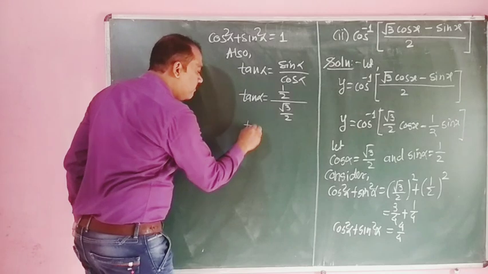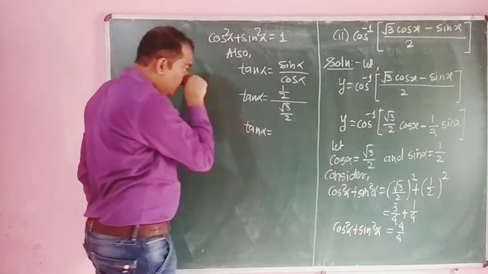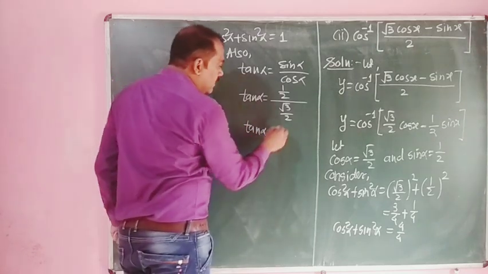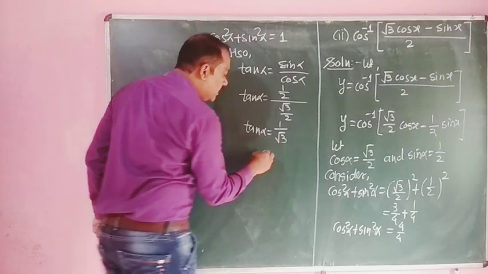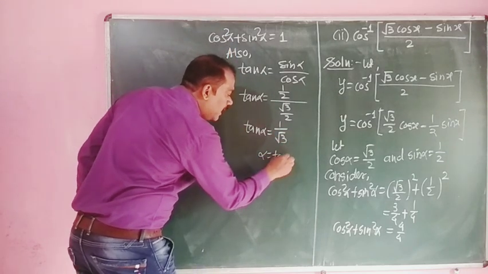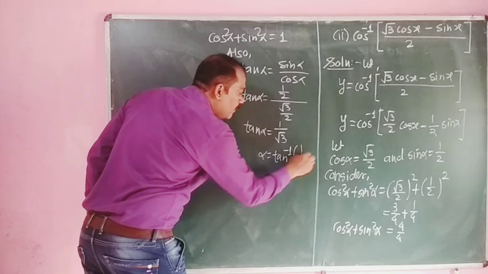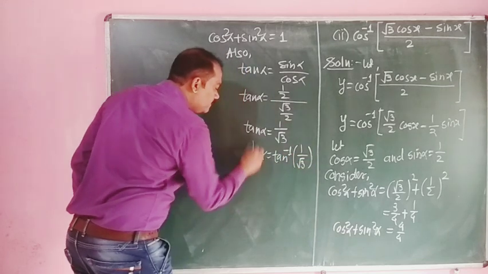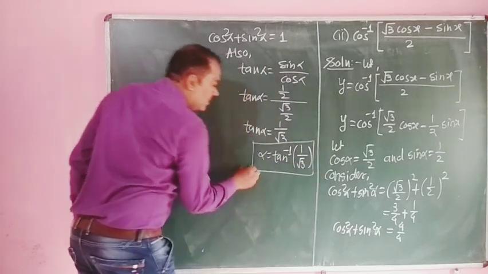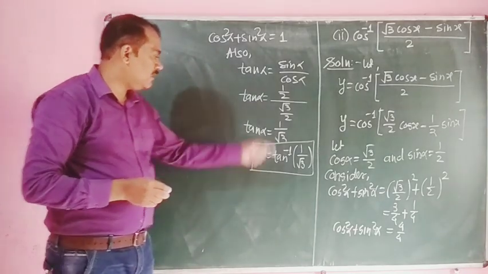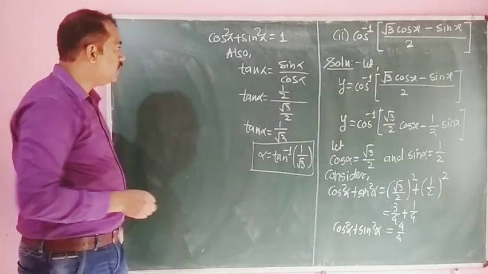So tan alpha is equal to, the 2s get cancelled, 1 upon root 3. That is alpha is equal to tan inverse of 1 upon root 3. Alpha is a constant, so tan inverse of 1 upon root 3 is also constant.